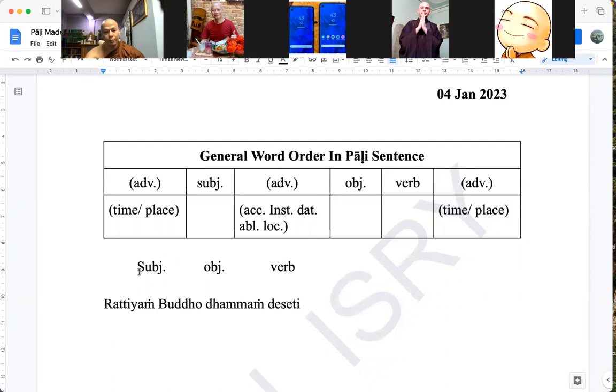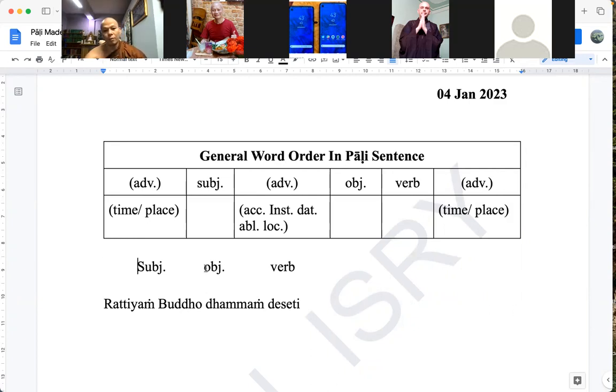Sometimes before the subject we can see some adverb. No sound here. Hello, can you hear me? Yes, Bante, we can hear you. Okay.